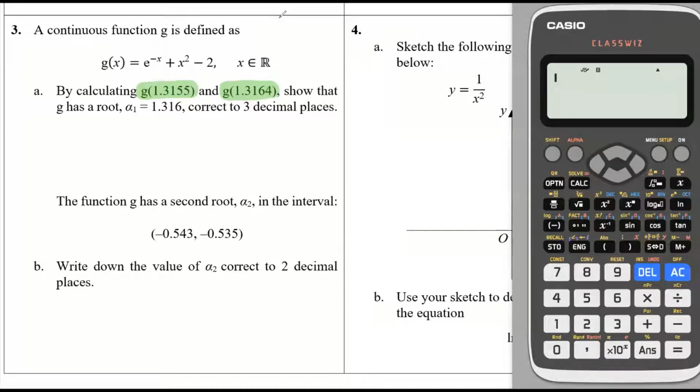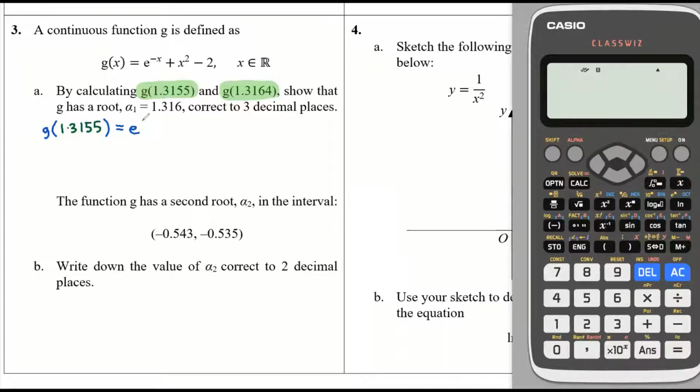So even if you're not sure what to do in the calculation, then it may shed some light on what to do. So g of 1.3155, I'll put that in green. Close that bracket. Now we have to replace x with 1.3155 throughout this equation.